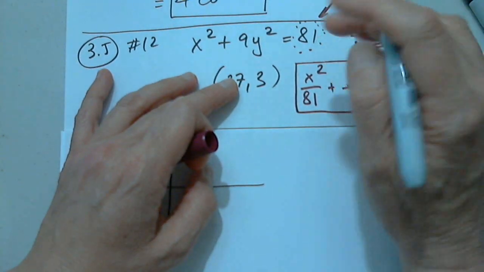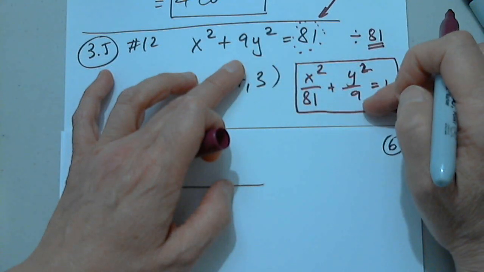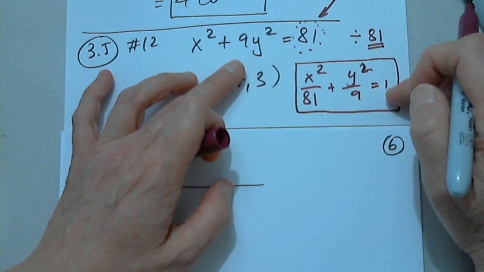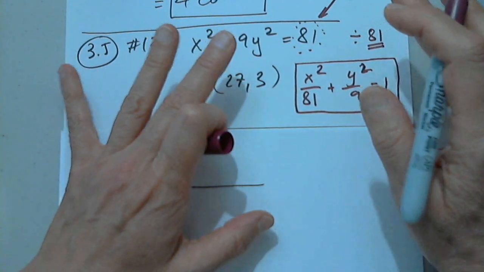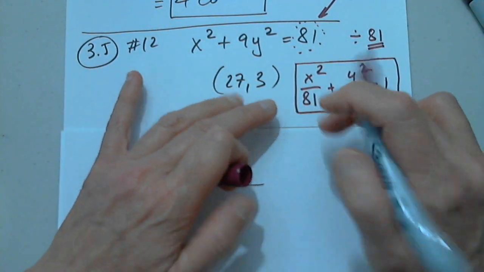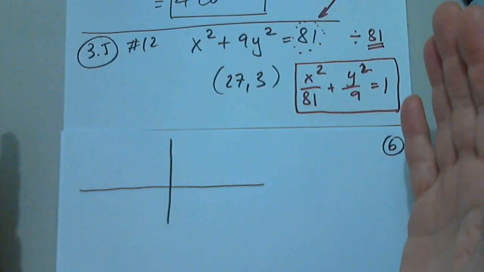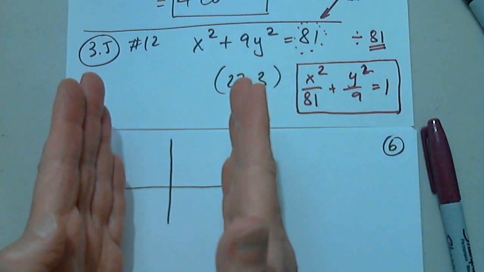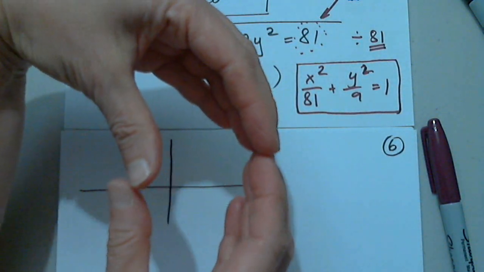So I divided x squared by 81, 9y squared by 81, and 81 by 81. Now, because what's under x squared is bigger than what is under y squared, it's this kind of ellipse, not that kind.